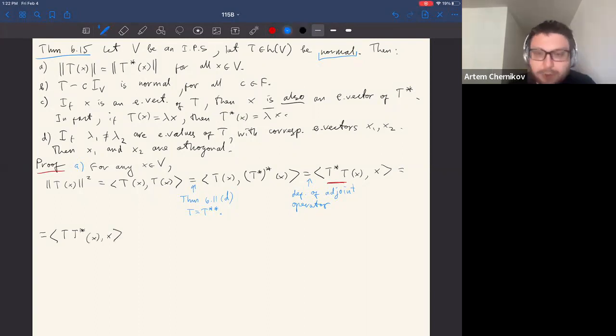And this is the point where we use that the operator is normal: as T is normal, T star T is equal to the composition in the opposite order. Now this can be written as T star of x inner product with T star of x, and this is again by the definition of the adjoint operator.